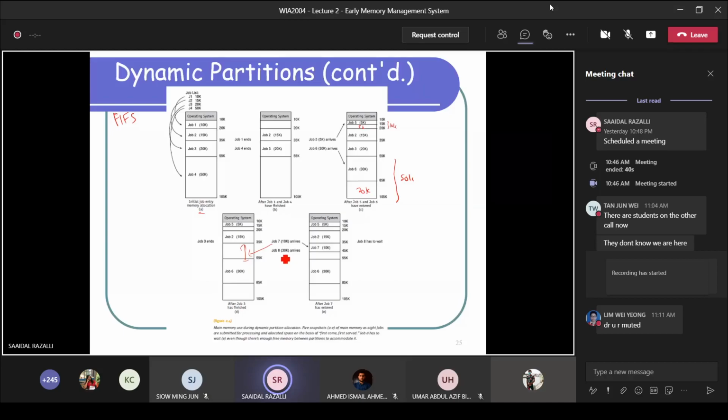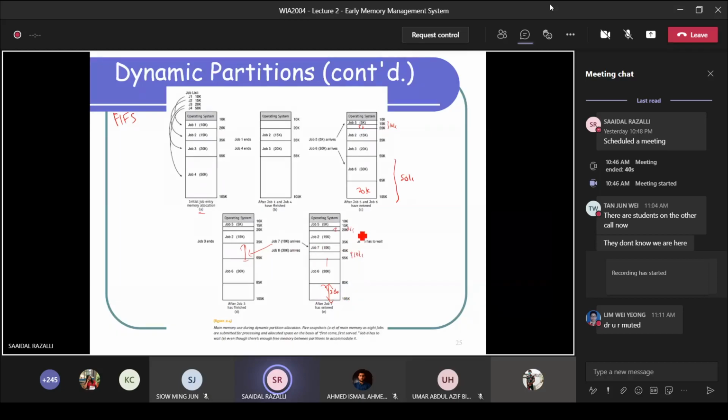Job 8 is 30K, so there is no 30K of available memory. This is 20K, sorry. This is 5K. This is 10K. So job 8 has to wait.